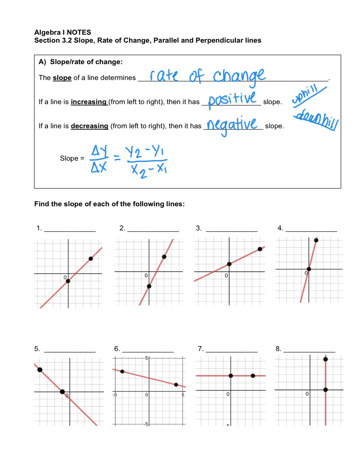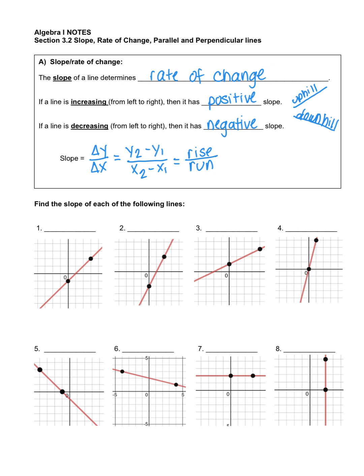We can also call that rise over run when we are graphing. So we have the slope, which is the same as rate of change, and it's also rise over run.